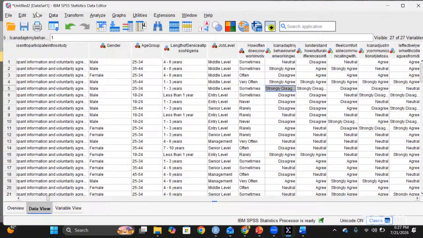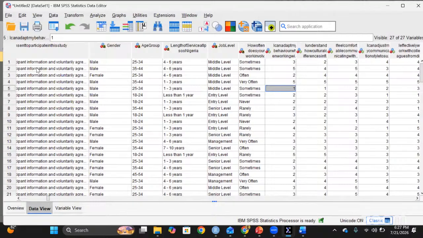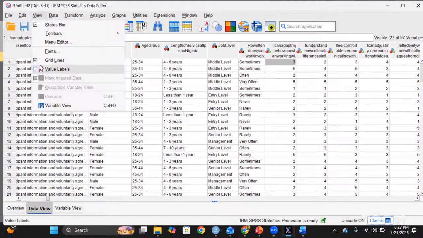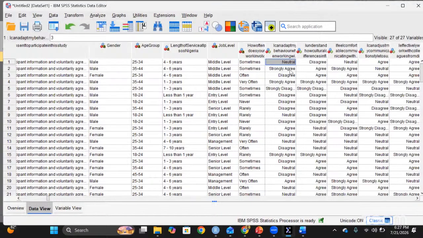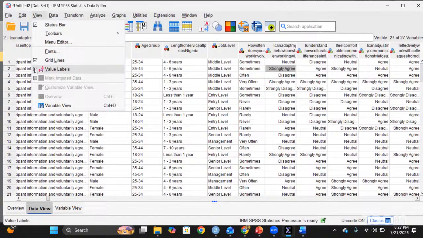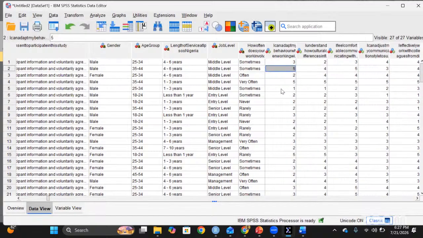But if you go back to this view and click on value label, you will find out that your one is still there, your two is still there. What's just happening is that you have given SPSS another job to do. From SPSS's perspective, it is seeing three as neutral. But from the machine's perspective, we still have 1, 3, 5, 2 in your data set. So you can still go on with your additions.